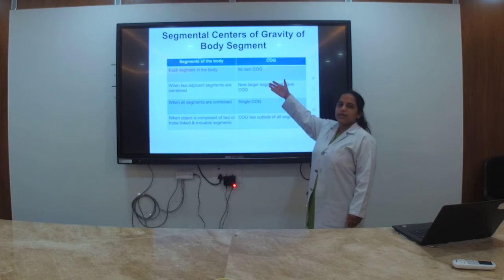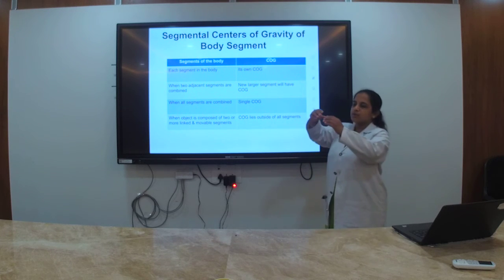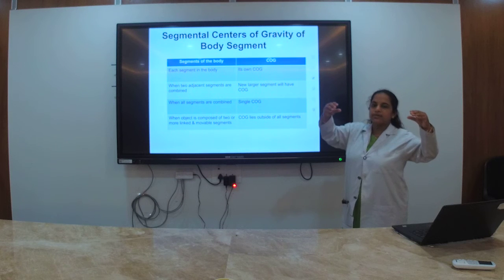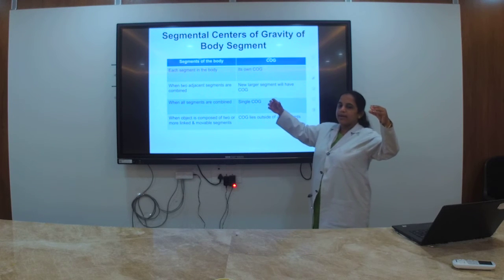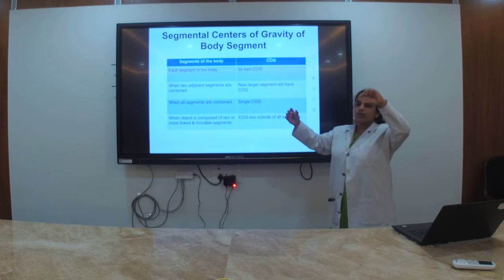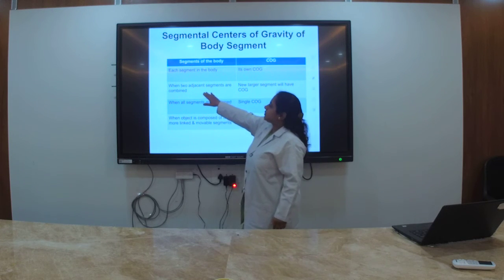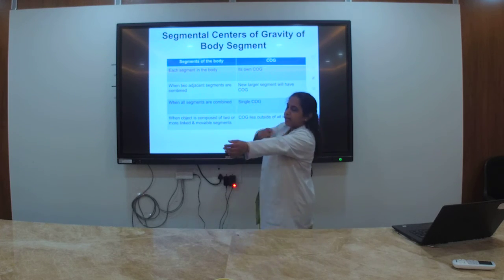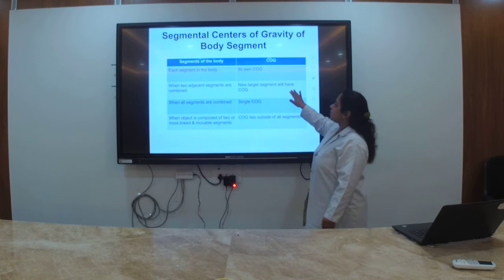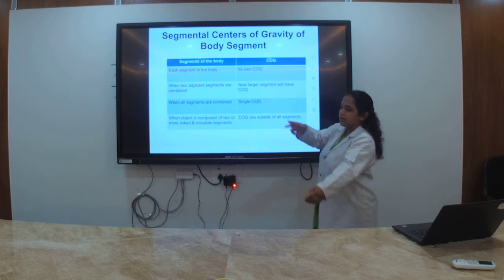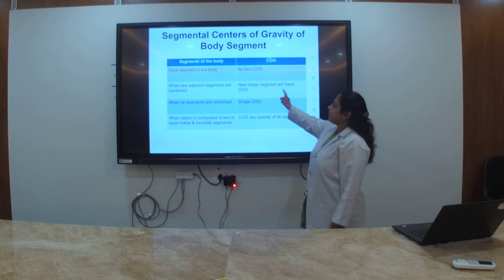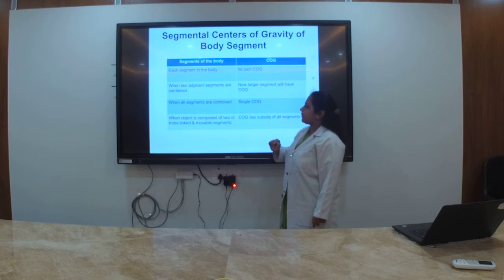Just now we have seen the example of stick, which has got heavier end at one side and the little lighter end at the other side. So the center of gravity lies at heavier object. So when two adjacent segments are combined, like arm and forearm, the new larger segment, that is arm and forearm, will have one center of gravity.